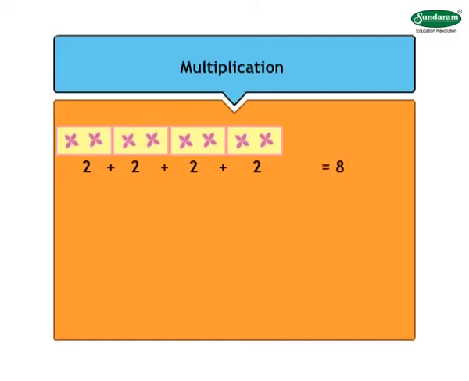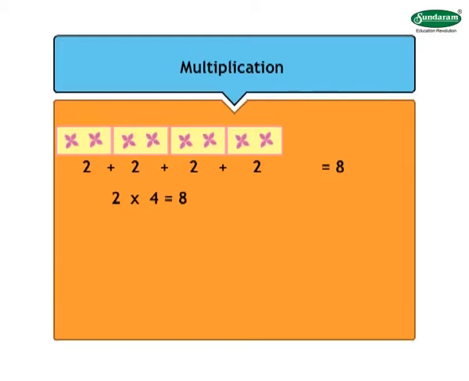This means 2 is taken 4 times, and when it is added, it gives us 8. In other words, 2 multiplied by 4 gives 8. Or in short, 2 fours are 8.